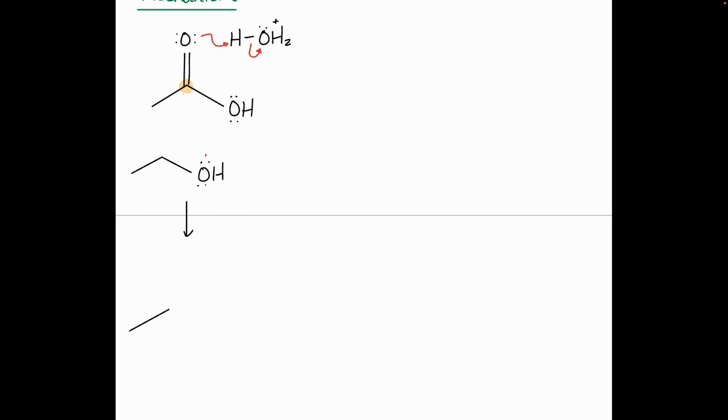Now, when my tetrahedral intermediate forms, it will be neutral instead of being negatively charged. So take a second and see if you can finish off this mechanism. We call these Fischer esterification reactions, these acid-catalyzed ester formation reactions.